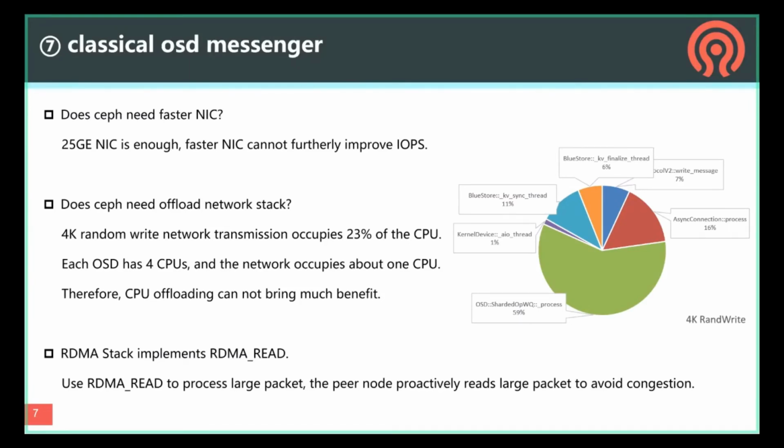So we think a 25G NIC is enough. A faster NIC cannot further improve IOPS.